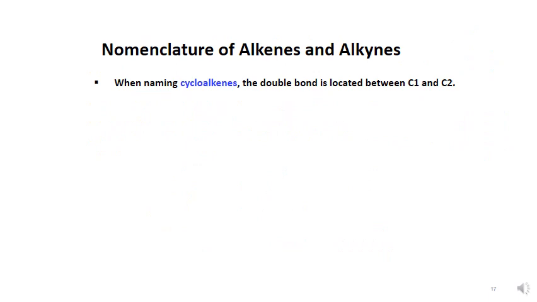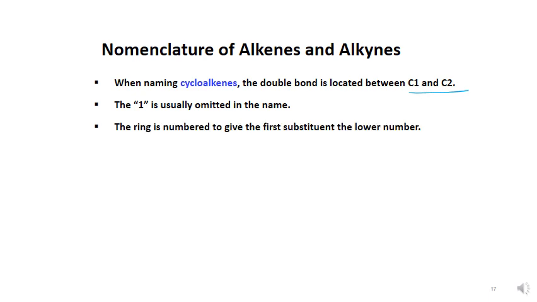Continuing on with nomenclature of alkenes and alkynes, when we're talking about cycloalkenes, remember that double bond is always between 1 and 2. The 1, you don't have to write it because it always starts at 1. The first substituent has to be the lowest number after this part comes true. So when we're looking at this guy, your job is to figure out where the numbering starts. There's the double bond, right?